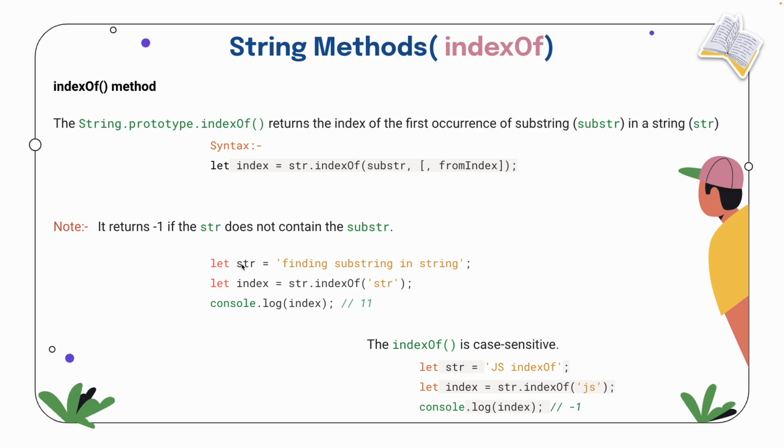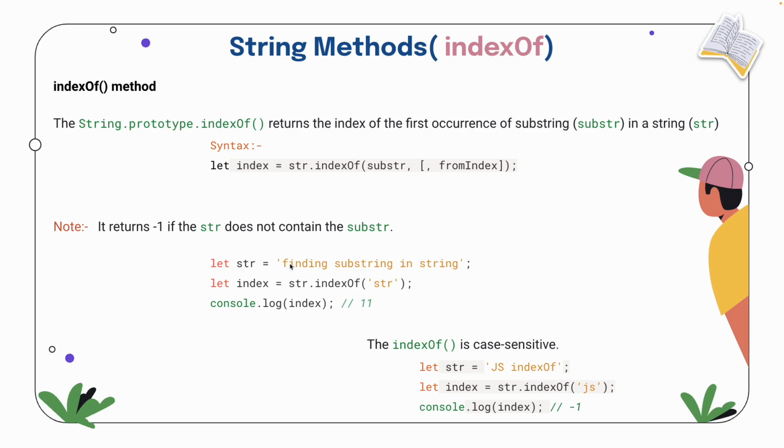See, let str finding substring in string. This is the complete string, and now we are finding str. So let's see where the str is. It will take str here, so str starts here. The first occurrence is here. So what is the index?